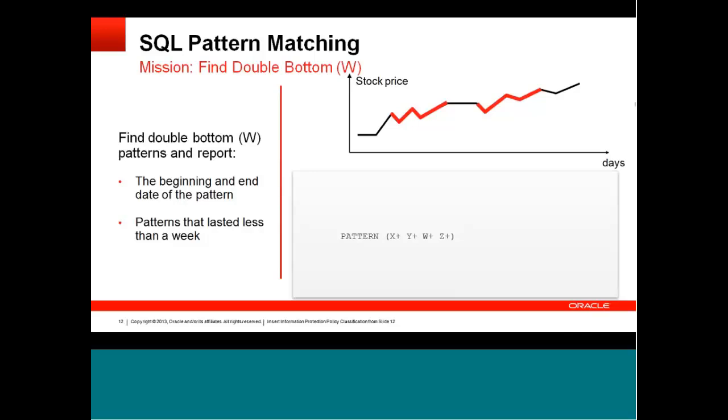And then we have the define. Because the pattern clause depends on the pattern variables, you must have a clause to define these variables. So we use the define clause to specify the condition that a row must meet to be mapped to a specific row pattern variable. Here we've defined the pattern variable X to match rows whose price in the current row is less than the price in the previous row.